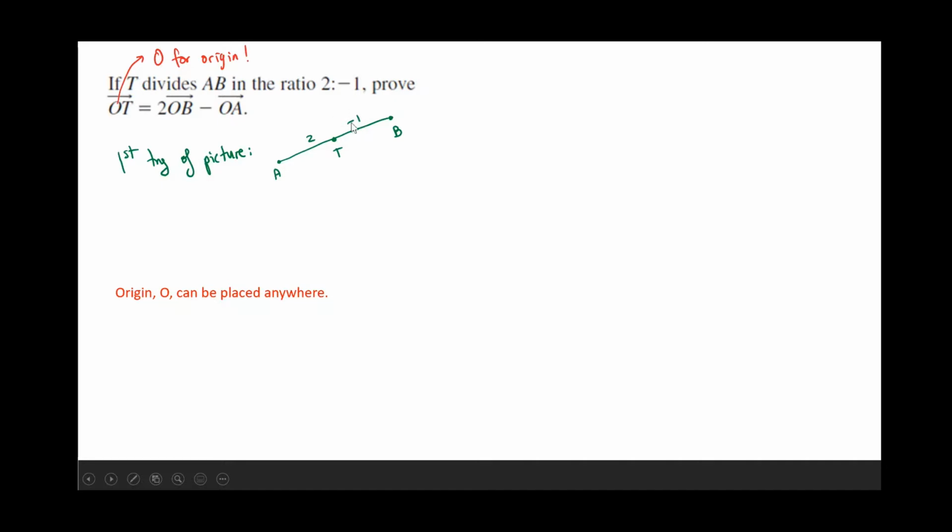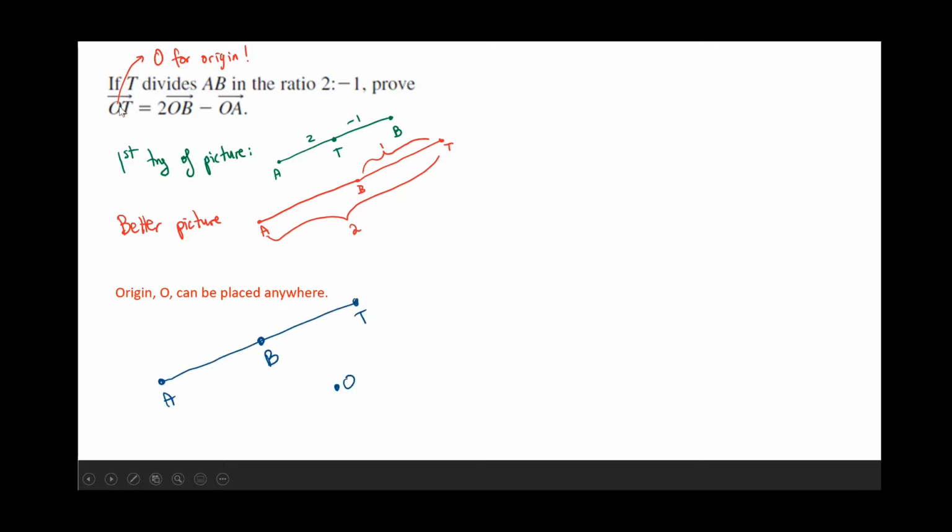However, because the length can't be negative, here's my better picture. T is actually on the other side, so this negative indicates that T is supposed to go on the other side of B. So from A to T all the way, that's size 2, and then back 1 is where B is located. Okay, so it's a little weird question, but if you see this type of trick question, this is what it means.